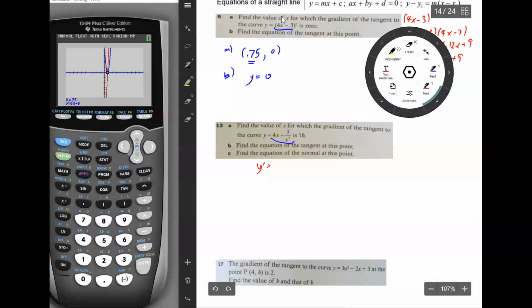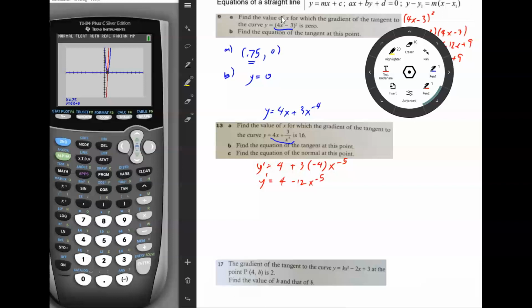Y dash is equal to 4x plus 3x to the negative 4th, right? That's our blue function. So our red function, the derivative, is going to be 4 plus 3 times negative 4x to the negative 5, because negative 5 is 1 less than negative 4. Then I'm going to rewrite this. Y dash equals 4 minus 12x to the negative 5.